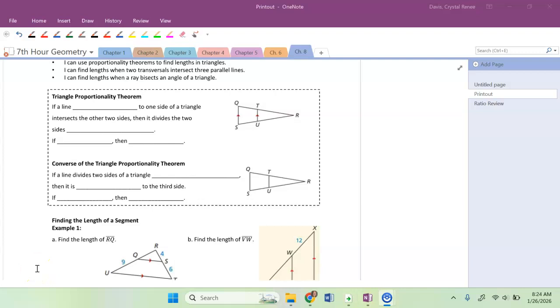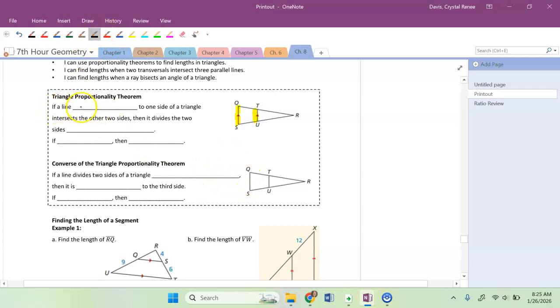All right, so here's the first of the three proportionality theorems, and this one is a pair because the converse of it is also true. Remember, the converse is when we flip the hypothesis and the conclusion. On both of these, you have a triangle with a line parallel to one side.